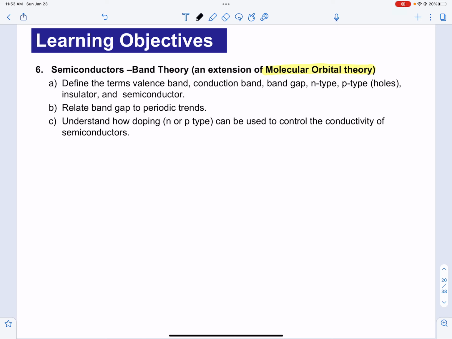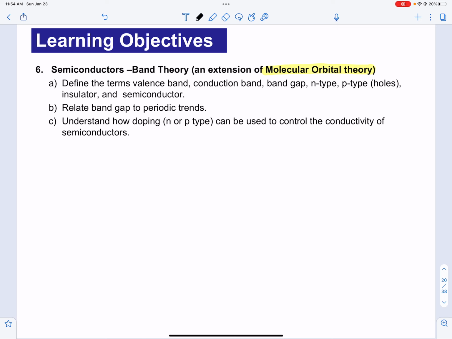Basically, molecular orbital theory tells us that when elements come together and make a molecule, you do not have orbitals from one atom and orbitals from another atom overlapping together. What you have is an orbital that covers the whole molecule and is formed from those atoms that came together.